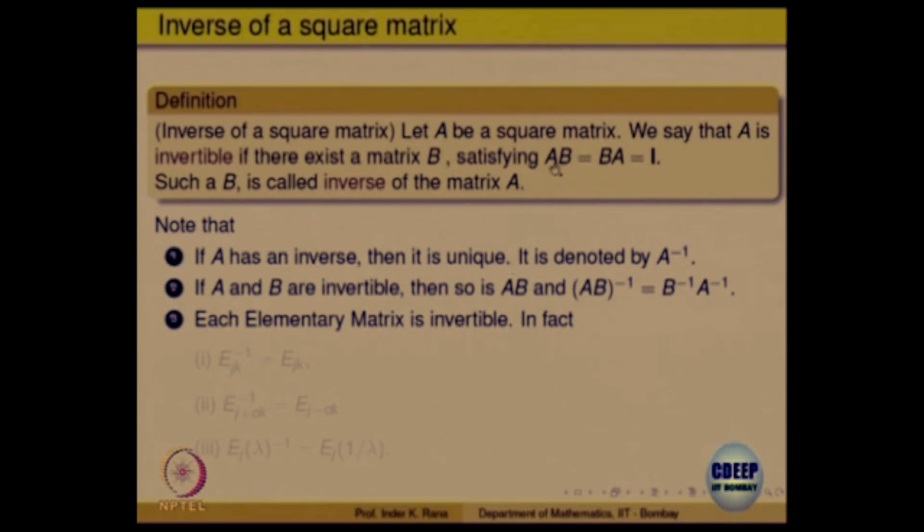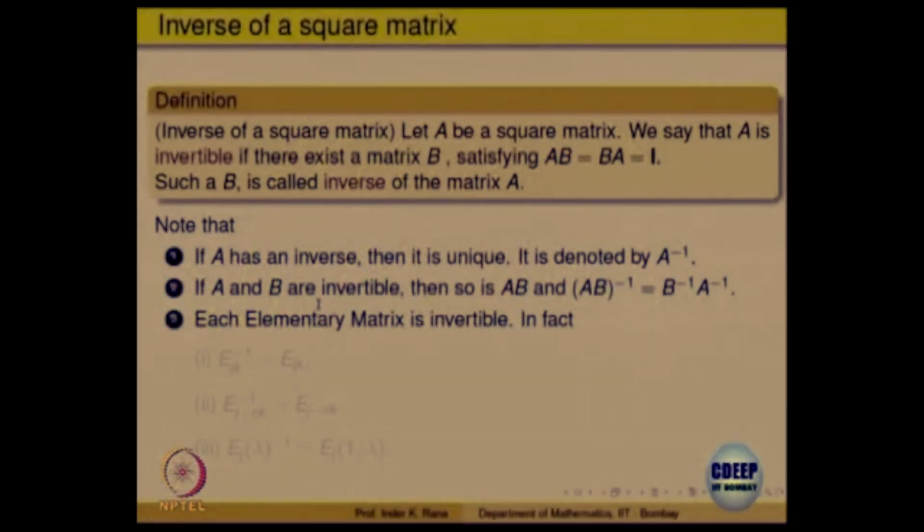That means if A into B is equal to B into A, also equal to A into C and C into A equal to identity, then B must be equal to C. Next, these are properties of invertible matrices. If A and B are invertible matrices and you are able to multiply them, that means they are of the same order, then A into B is also invertible.